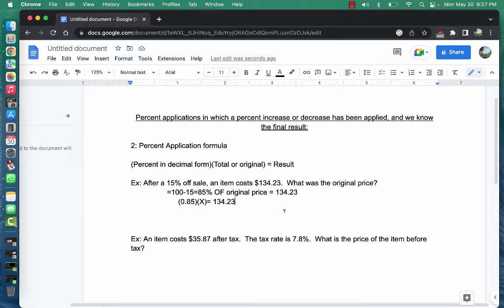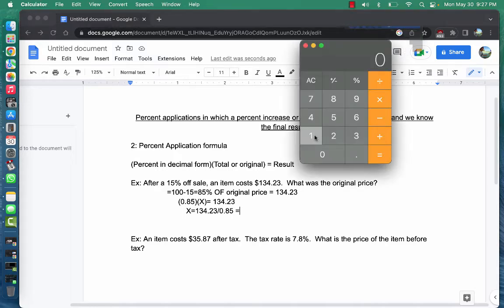Once we have this set up, then it's just algebra: when you have a number times x equals another number, to solve for x, you just divide both sides by 0.85. So ultimately x is going to be 134.23 divided by 0.85 to get our answer.